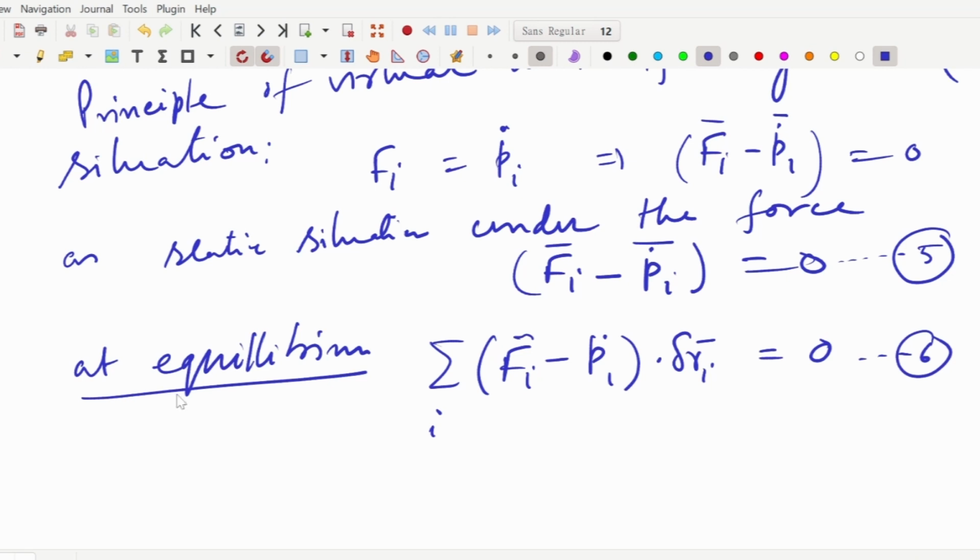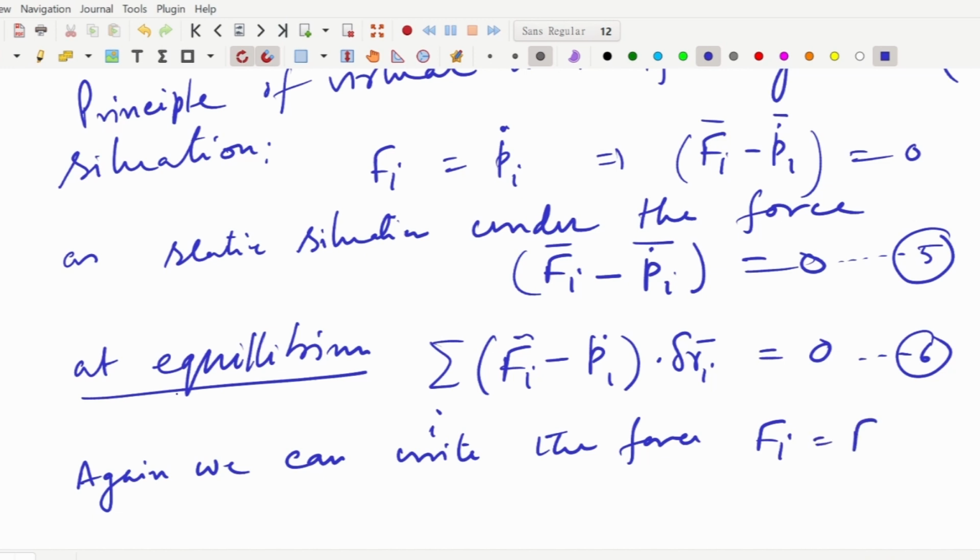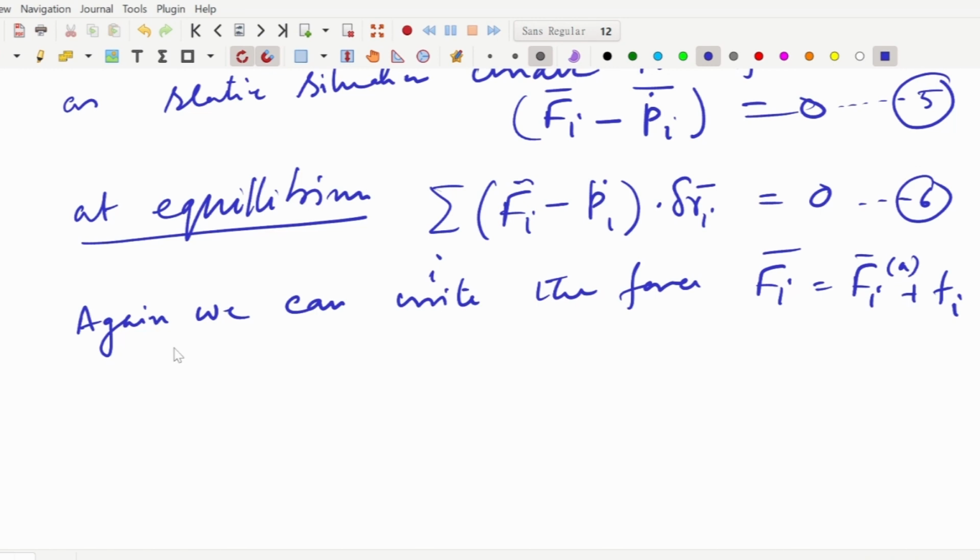Again we can write the force Fi as Fi applied plus the constraint force on the ith particle. We can substitute this; let us call this equation 7.